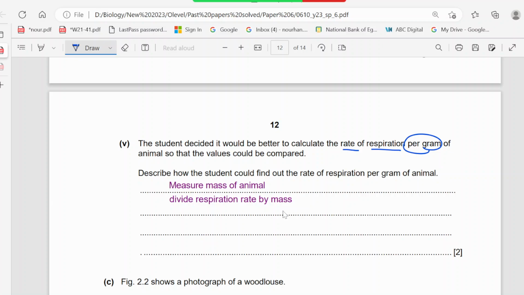How can you find out the rate of respiration per gram? Very easy. You will just measure the organisms first and then divide the rate of respiration by the mass. So measure the mass of the animal, and then divide the rate of respiration by the mass.